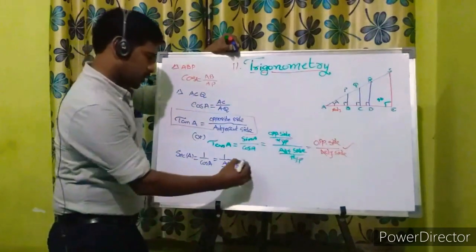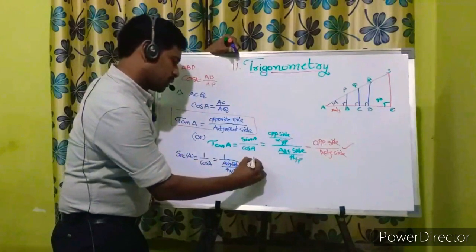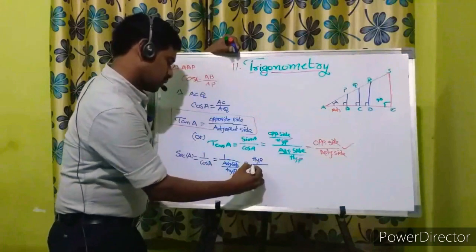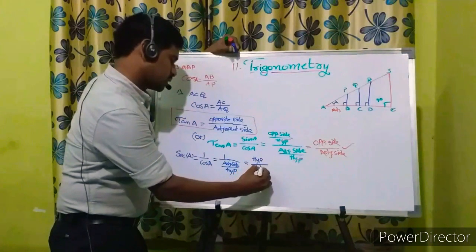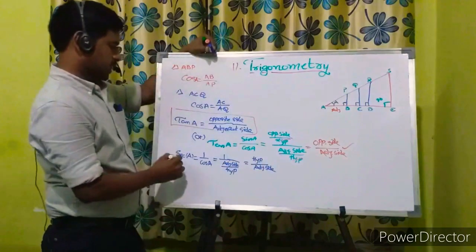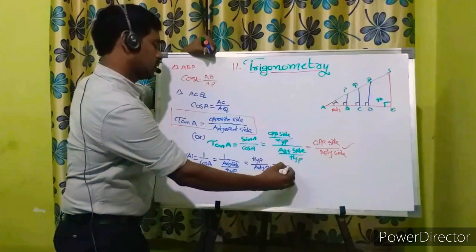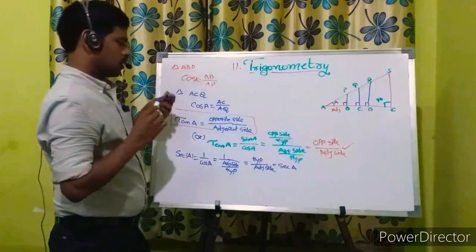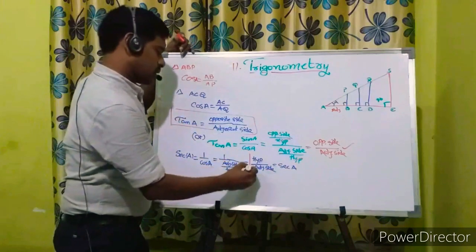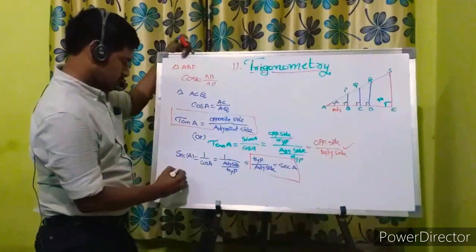So 1 by adjacent side by hypotenuse is equal to hypotenuse by adjacent side, the denominator coming to the numerator. That is secant A. It is one of the important ones. Next one is cosecant.